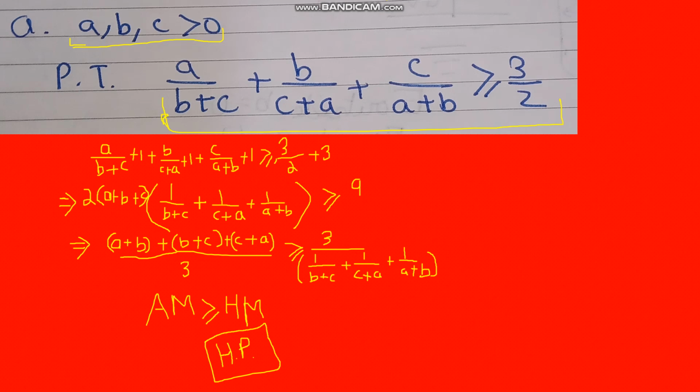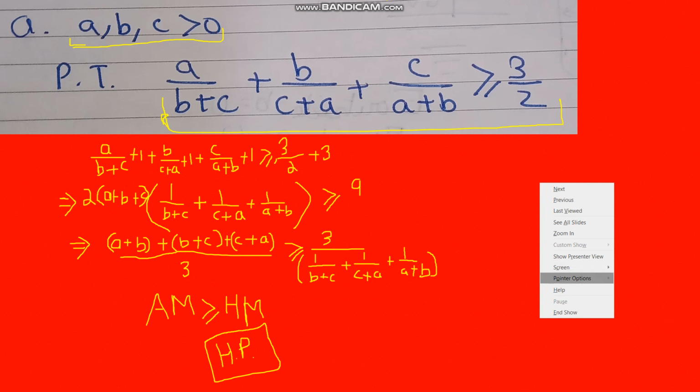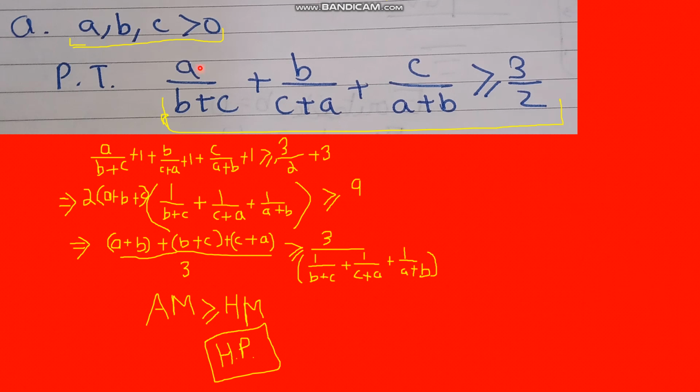This is my note. Let me explain this again with a point. Yes, we were given to prove this thing. We added 1 on all sides, here we added plus 3. Then I took the 2 here, made it (a plus b plus c) multiplied by 2.